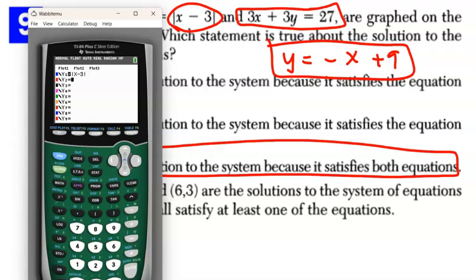And the second function is negative x plus 9. So we can look on the graph or we can look on the table. We're looking to see if the point 6, 3 is on both, and it is in both tables. I could also look at the graph, and I can look at the absolute value function being graphed. Then I can look at the linear equation being graphed, and I can see that they indeed intersect at this point.